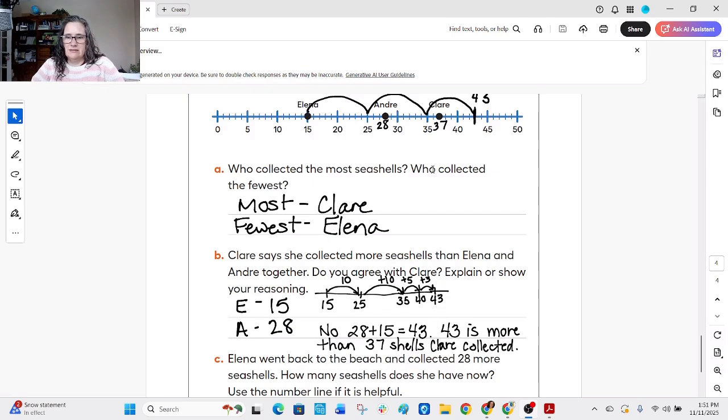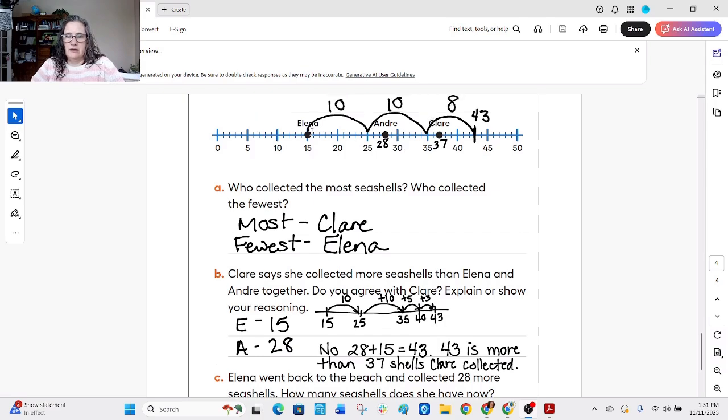And then similar thinking up here, except that I did that 8 all at once instead of breaking it apart. And for this, students need to understand that 43 is more than 37. So Claire did not collect more than Elena and Andre together.